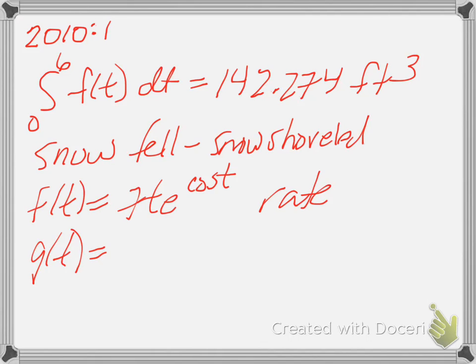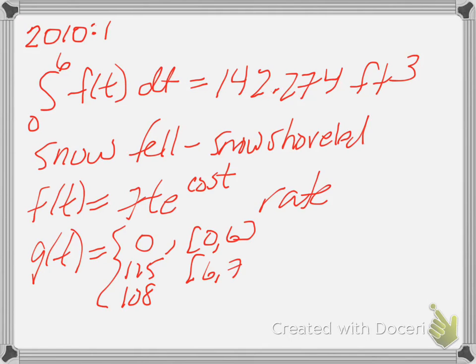This is the piecewise function, 0, 125, 108. This is for the interval from 0 to 6, this is the interval from 6 to 7, and this is the interval from 7 to 9. In any case, these are also rates, so these are also the derivatives.